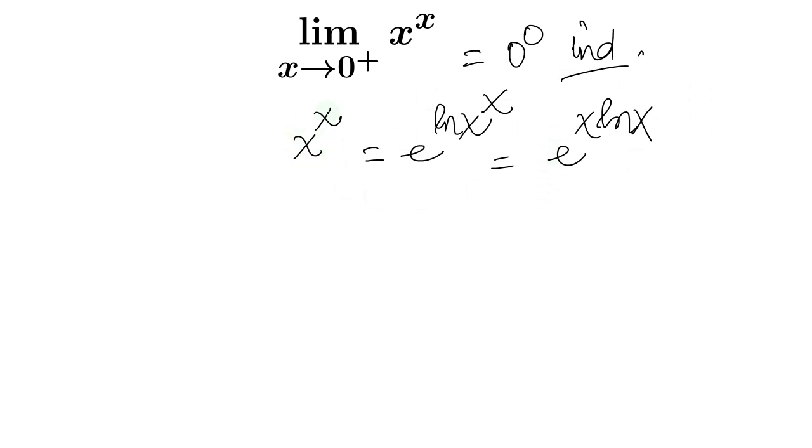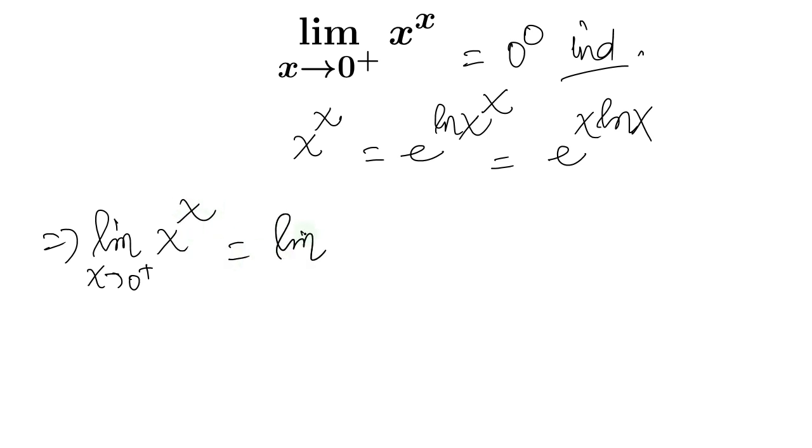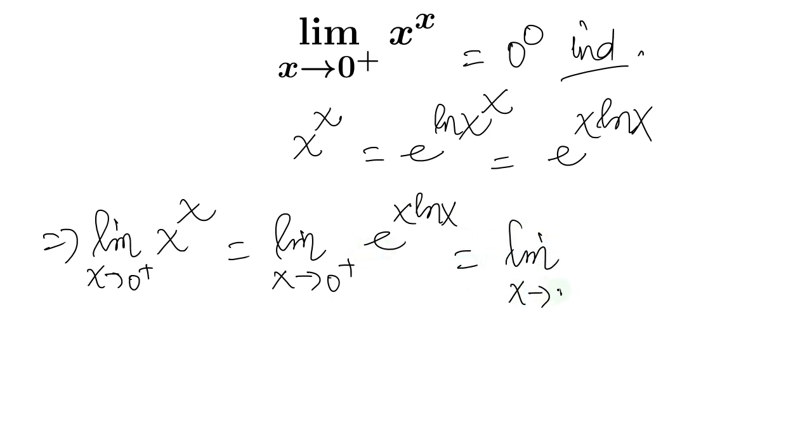So given this, applying here, we're gonna have then that limit approaching 0 from the right, this is going to be equal to the limit of e to the x ln of x, right? So we can write this limit now as, let me erase this, this is actually e to the limit x tends to 0 of x ln of x here.